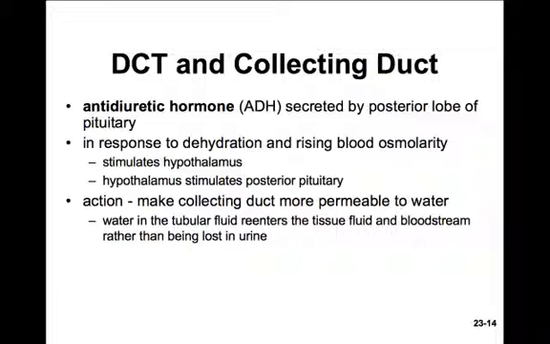And when the collecting duct is more permeable to water, the water in the tubular fluid re-enters tissue fluid and bloodstream rather than being lost in urine. So antidiuretic hormone acts to retain water, antidiuresis, so not to lose water.